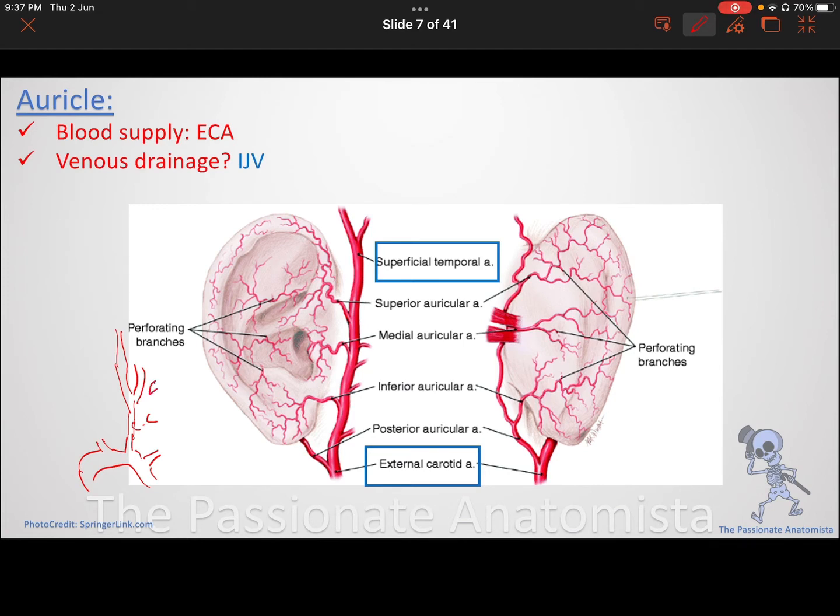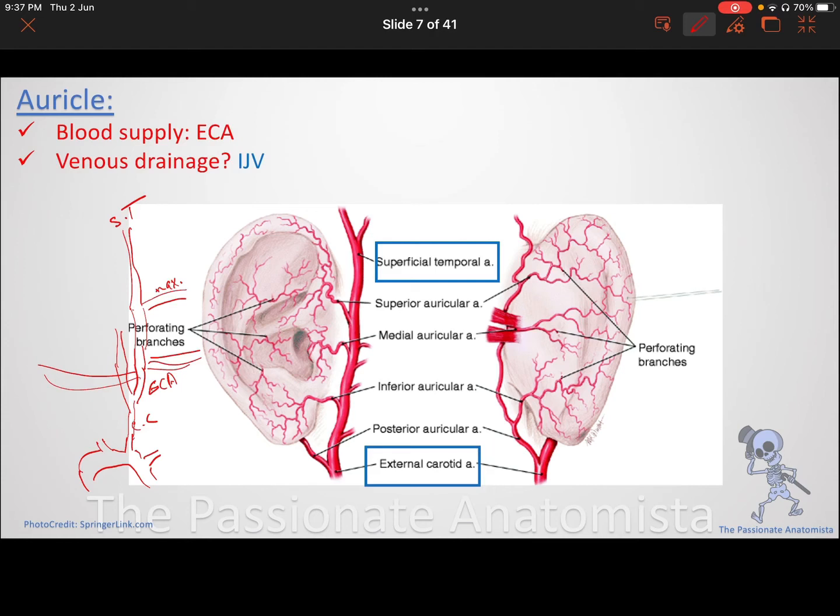Now, the external carotid artery has posteriorly two branches, anteriorly three branches, and inside the substance of the parotid it gives you the superficial temporal and maxillary. So the superficial temporal and maxillary are the two terminal divisions. Anteriorly, I don't need them for now.